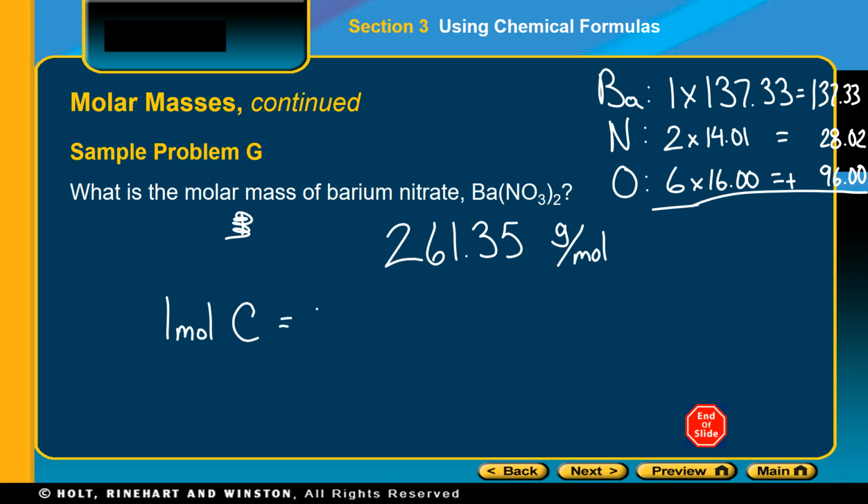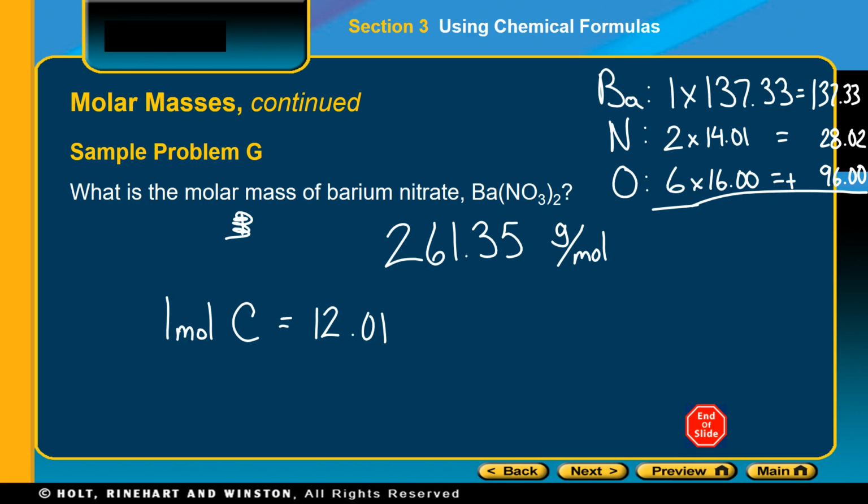So the mass of 1 mole of carbon is 12.01. What would the mass of 1 mole of oxygen be? 16. What would the mass of 1 mole of aluminum be? 26.98. All right, so when we look at this, we're just looking at the average atomic mass off the periodic table and looking at how many that we have. And it's all based off of looking at it in terms of 1 mole.